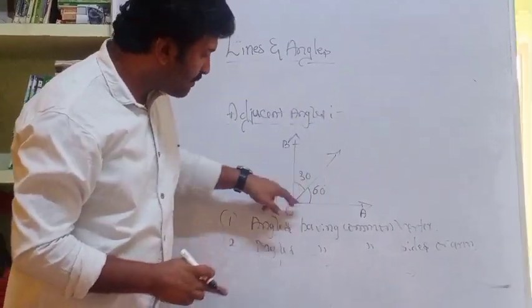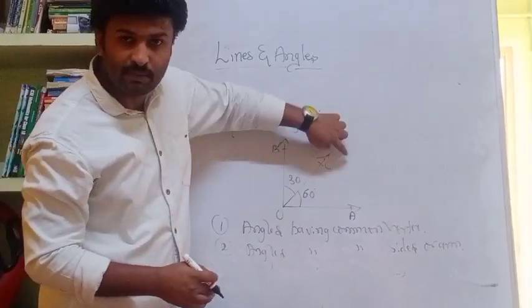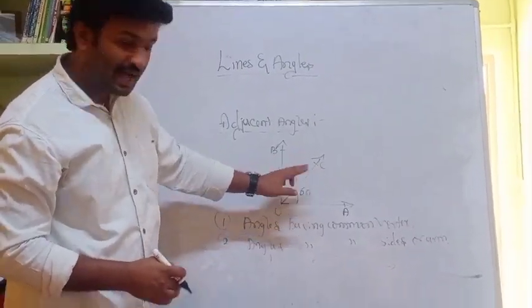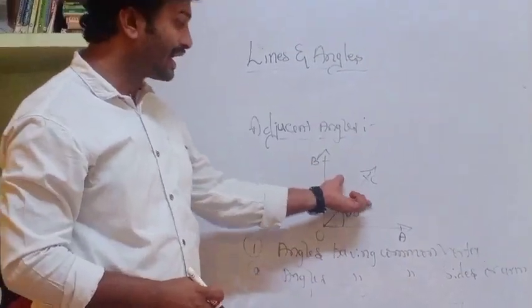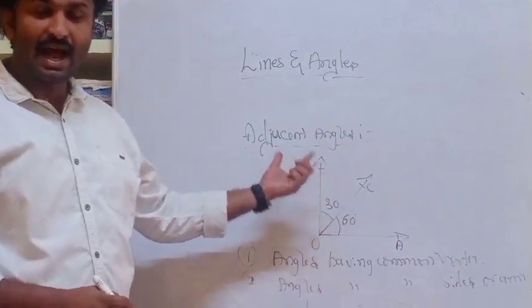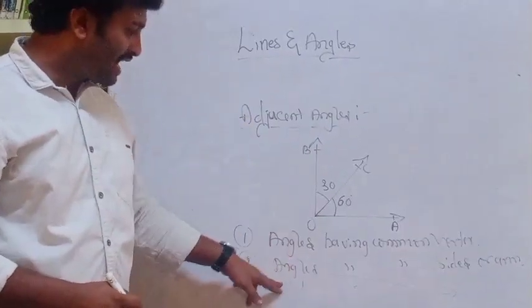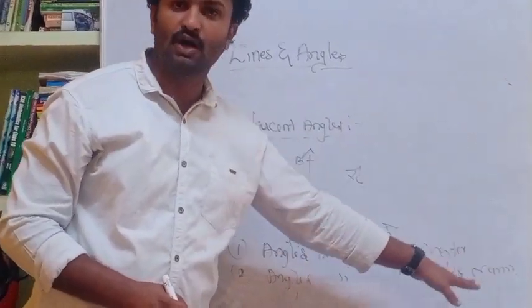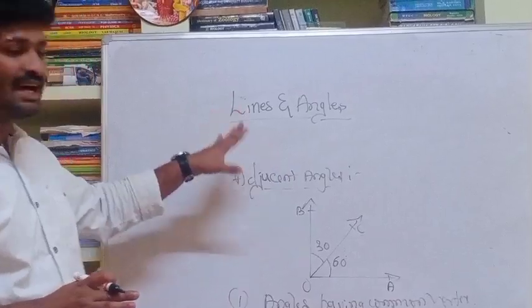These two angles have the common arm, which is OC. OC is a common side for both the angles, and O is a common vertex for both the angles, and these two angles are called adjacent angles. Angles which have a common vertex and a common arm or common side in between are called adjacent angles.